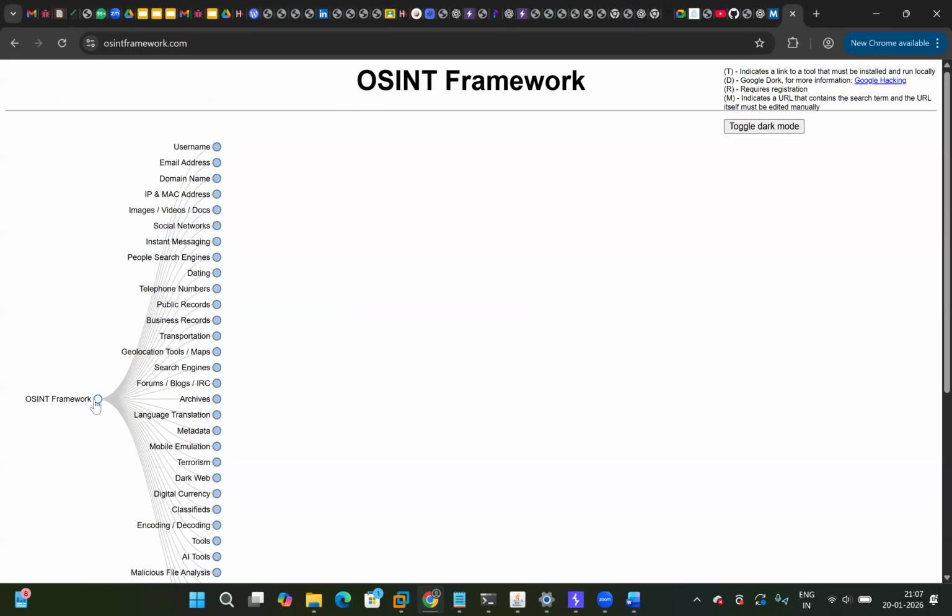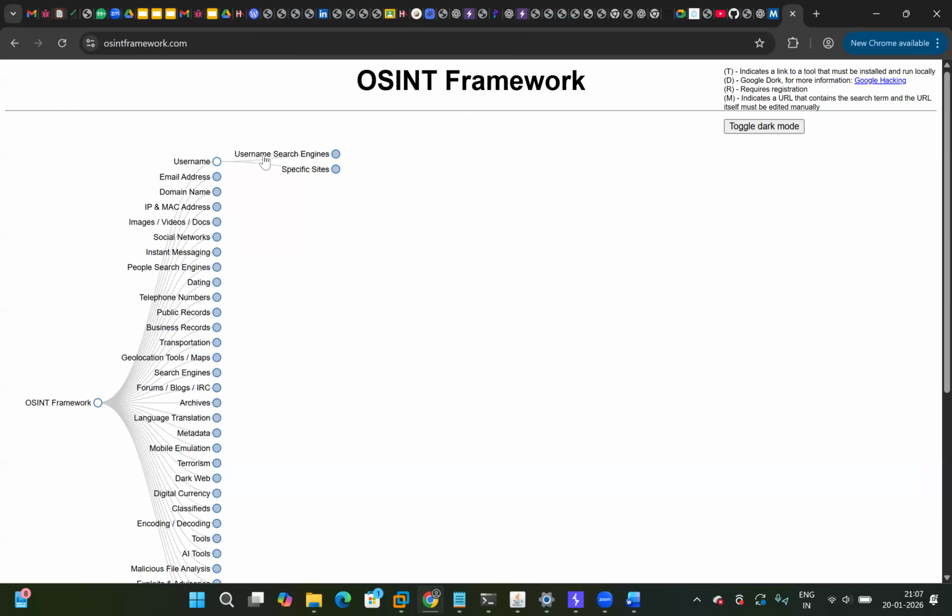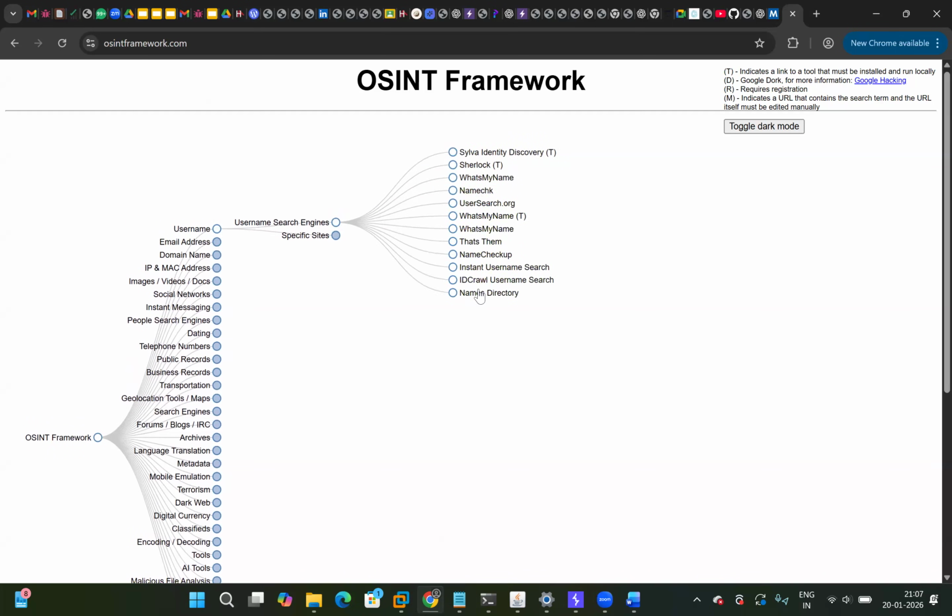Let's say in the OSINT framework, we select usernames, and under usernames we have username search engines. It provides the list of tools available for username search.